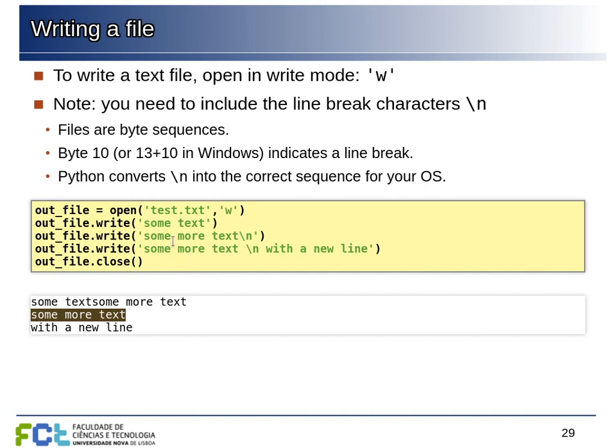So if you are writing text to a file and you need to break lines, create new lines, add these special characters into the string. When you have these line break characters, the Python interpreter will convert this into the appropriate line break code for your operating system. For example, in Linux it will be byte 10, in Windows is a combination of 13 and 10, I think in Mac it's the other way around, something like that.